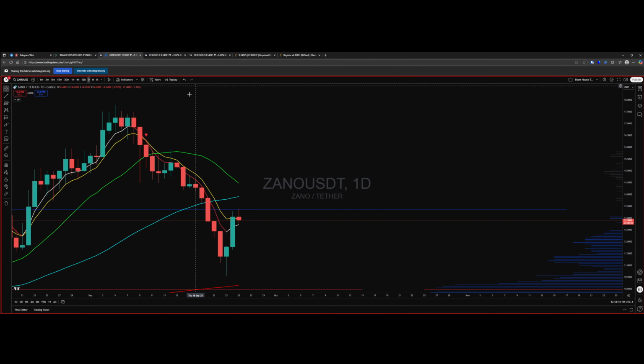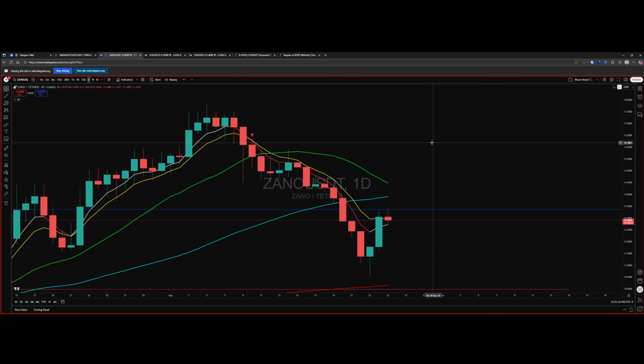You'll notice that price, when I say price, I'm referring to these candles, does not get above in any meaningful way the T line. Most often you'll find that the wicks test it or break through it, but close below the T line and/or the 5 EMA.